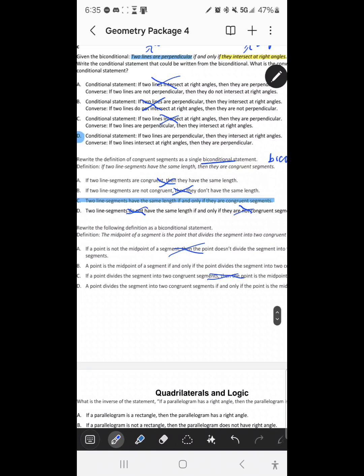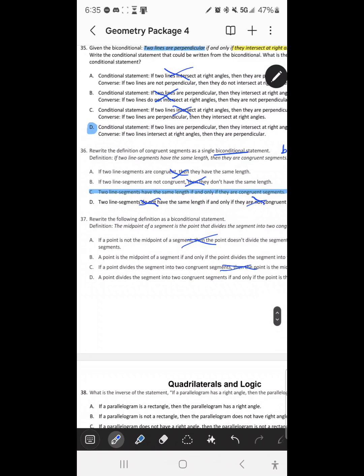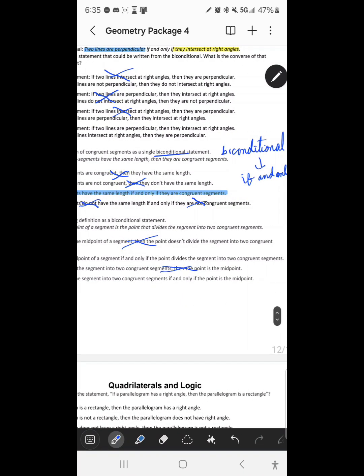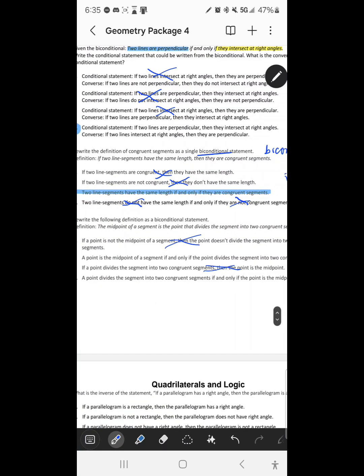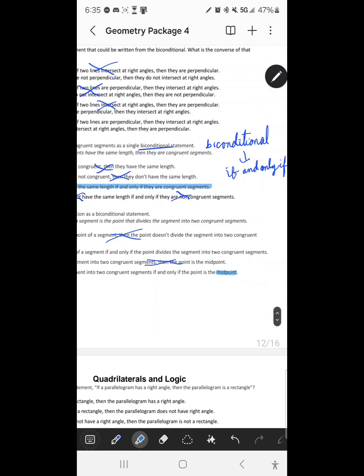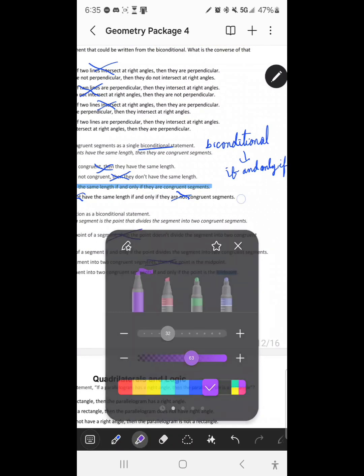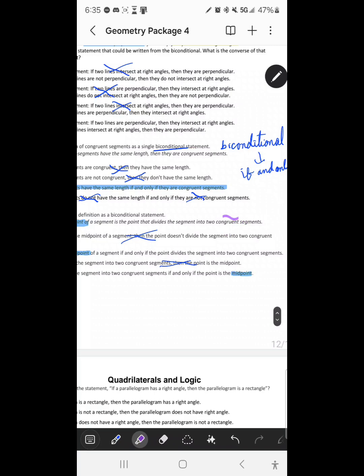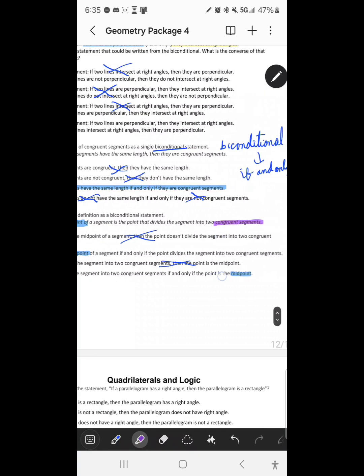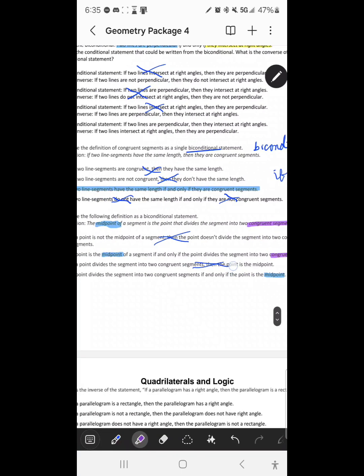This is basically what I just said. Now, the point divides the segment into two congruent segments if and only if the point is a midpoint. Okay, as you can see, one of the two is flipped. Let's identify which one. We start here with the midpoint and we end with congruent segments.